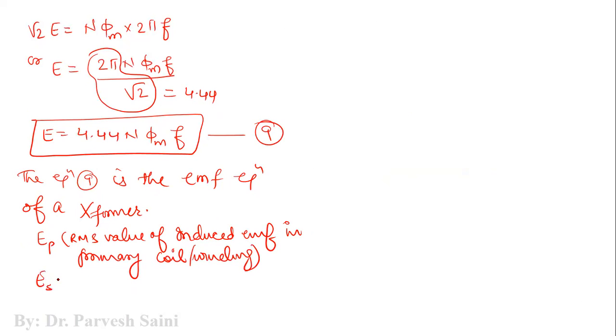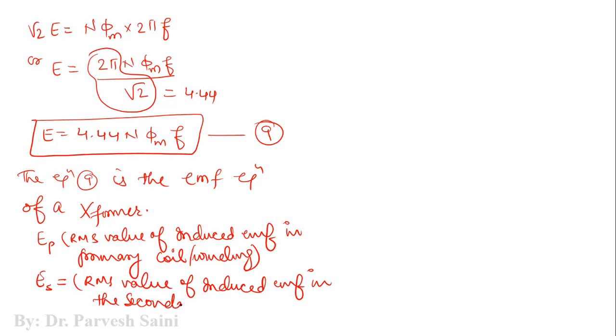Similarly, ES is the RMS value of induced EMF in the secondary winding, right?